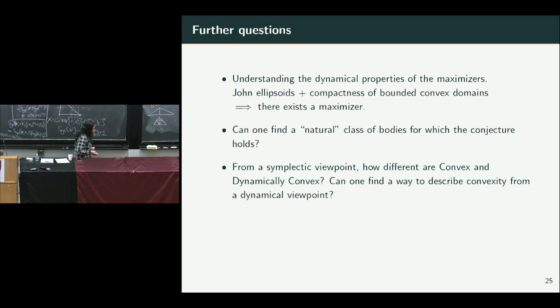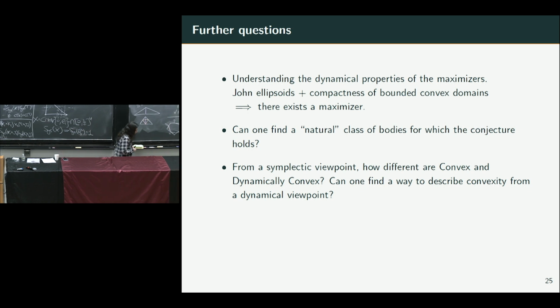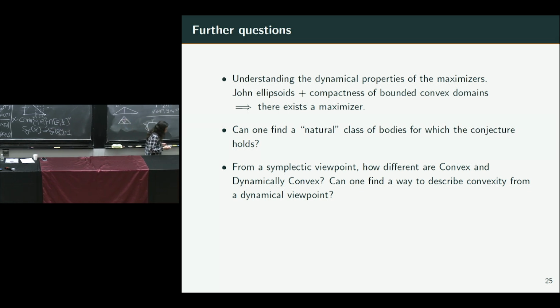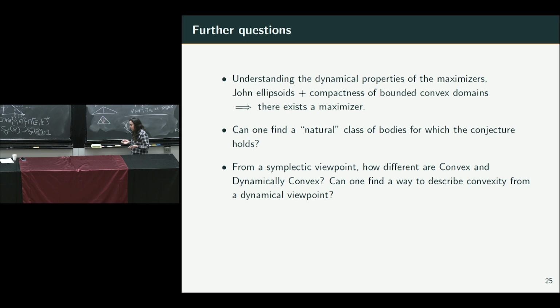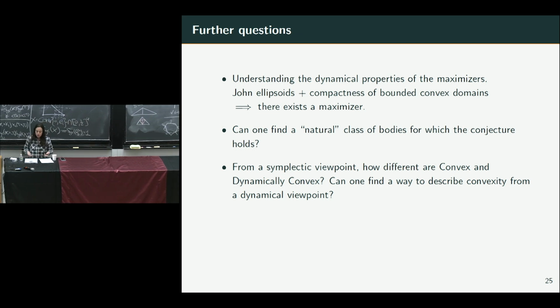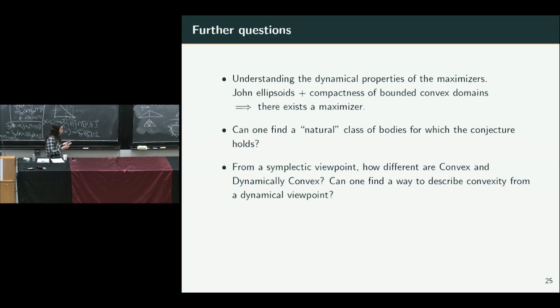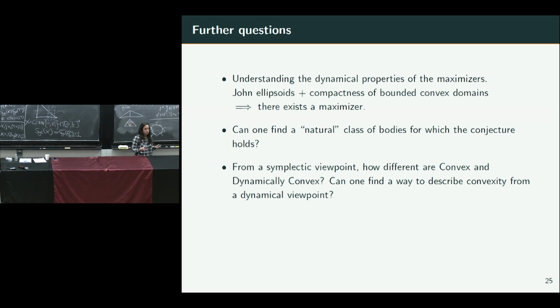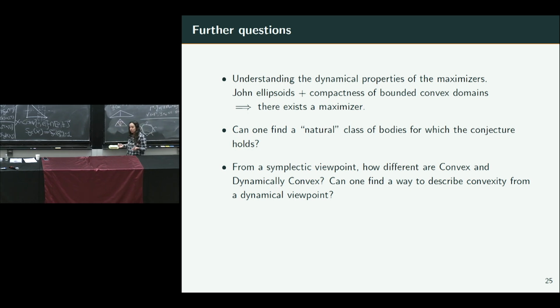And again, a very natural thing would be to try and characterize convexity from a symplectic point of view. So going back to the question, can one identify the properties that convex domains satisfy which cause them to behave in such a special way, such a different way than other domains, than other symplectic manifolds?